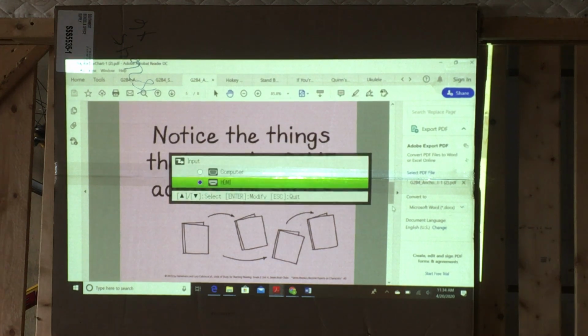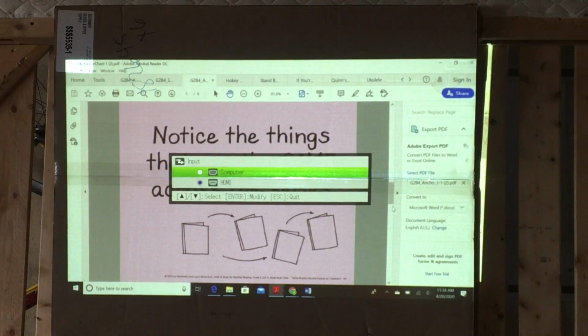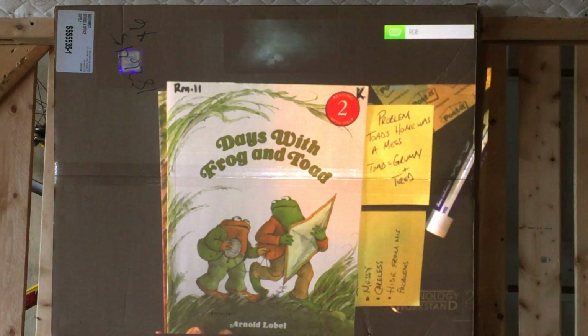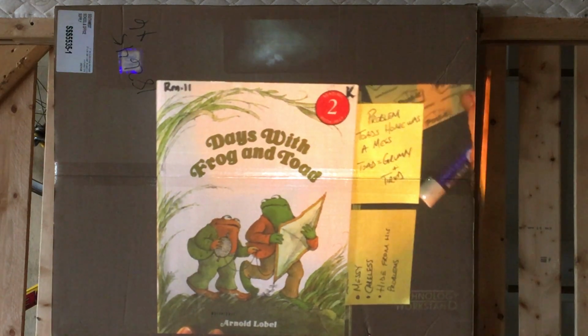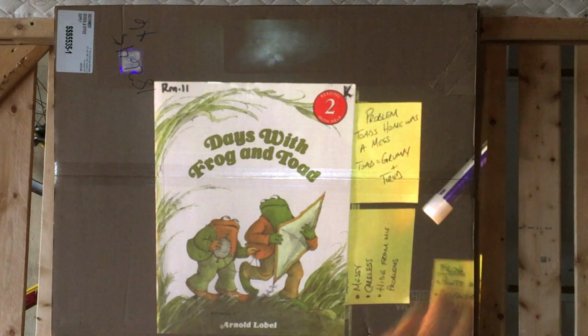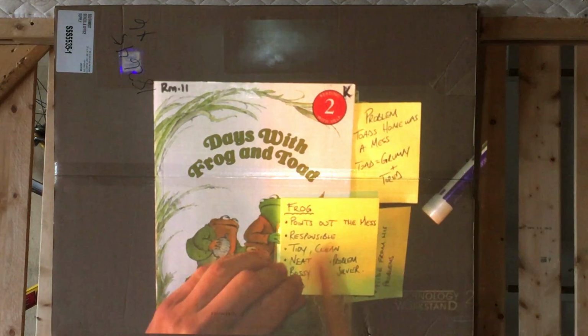Okay, so I'm just going to flip it onto my Frog and Toad book. Okay, here we go. You'll see that I'm using my post-its. I've got my post-its handy in case I need them. Okay, right here. Oh, and there's Frog, and that was from last lesson. And here we go. Points out the mess.